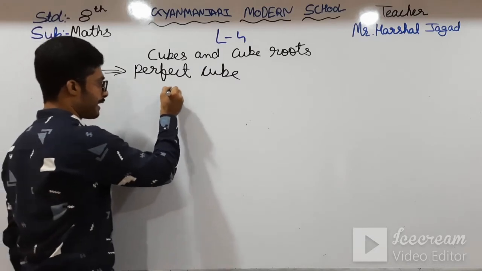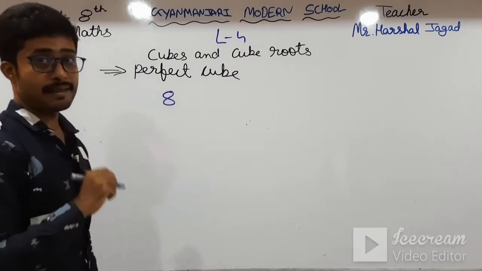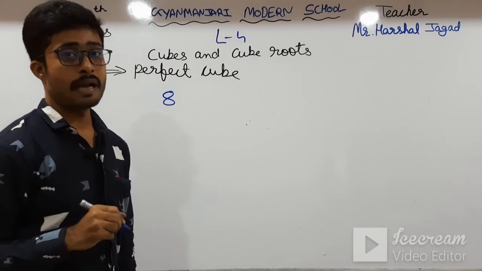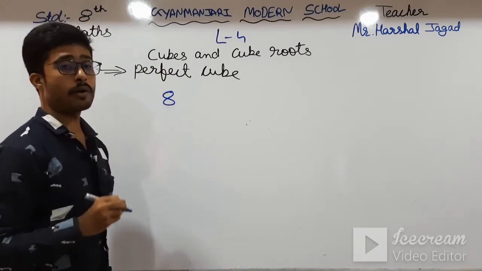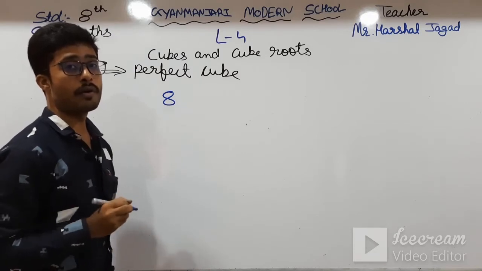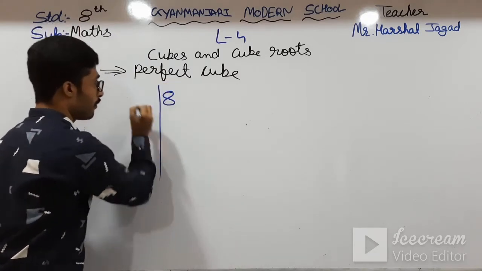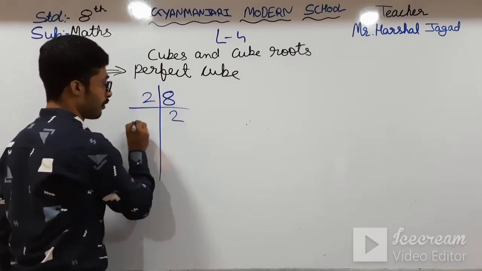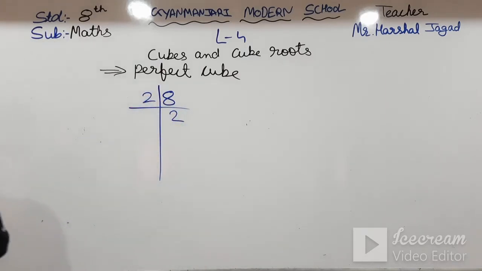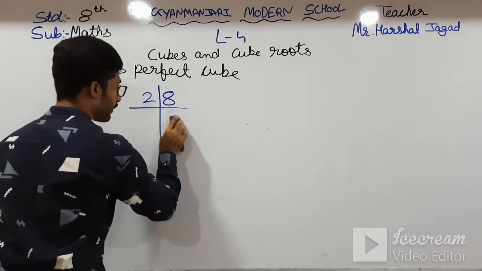Here, if we take an example as 8, is this a perfect cube? Let us see that. If we want to know whether this is a perfect cube or not, we have to factorize it: 2 2s are 4, 2 4s are 8.